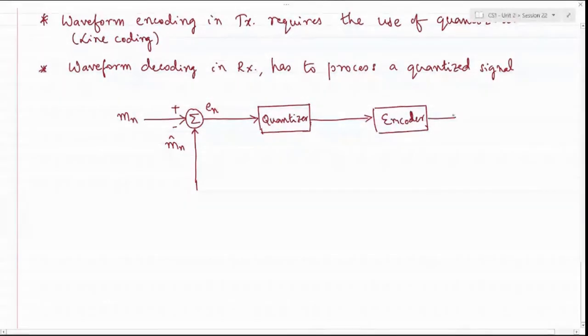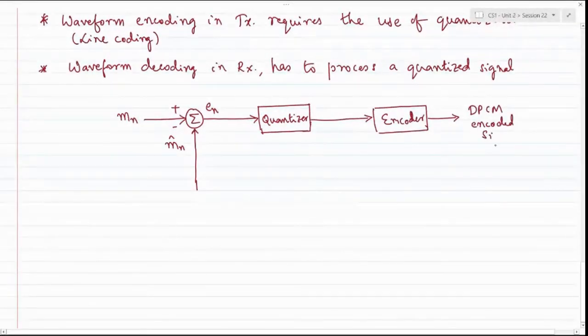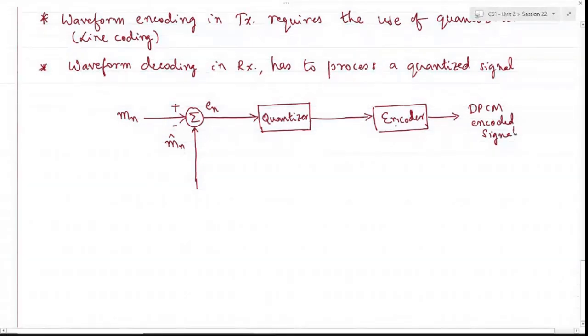Encoder process, and finally you call this the DPCM encoded signal.